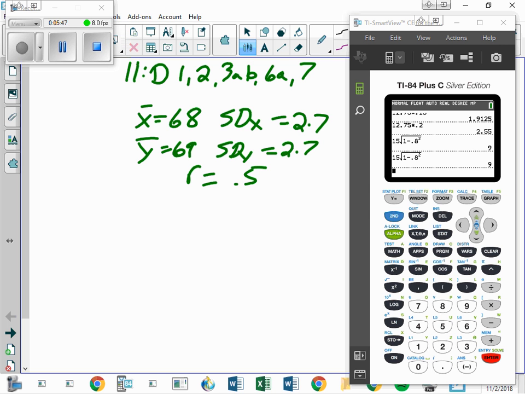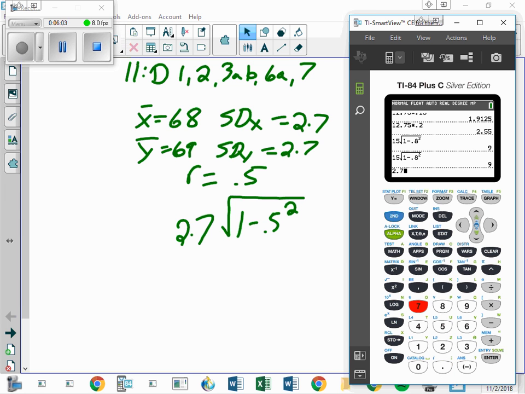Find the RMS error of the regression line for predicting son's height from father's height. I take my SDY, 2.7, and multiply it by the square root of 1 minus 0.5 squared, and I get an RMS error of 2.3.